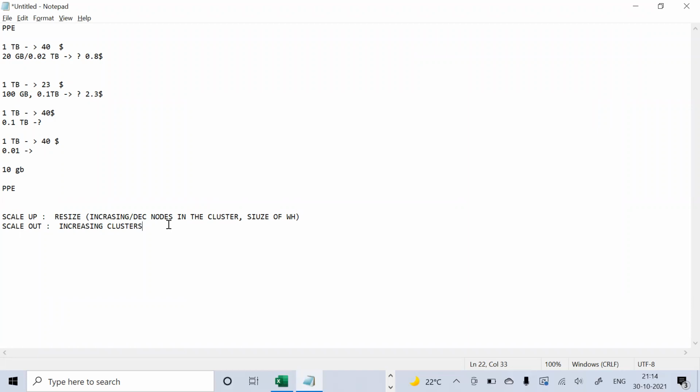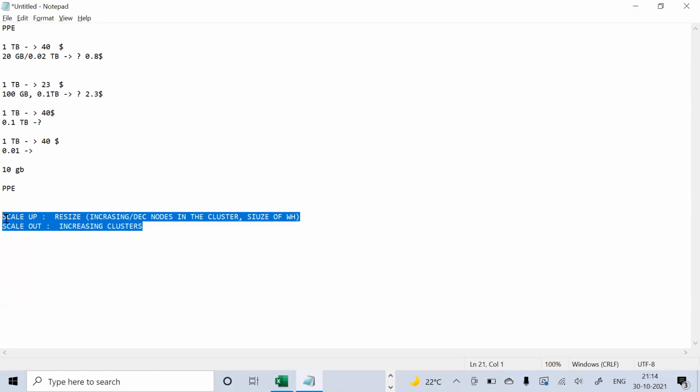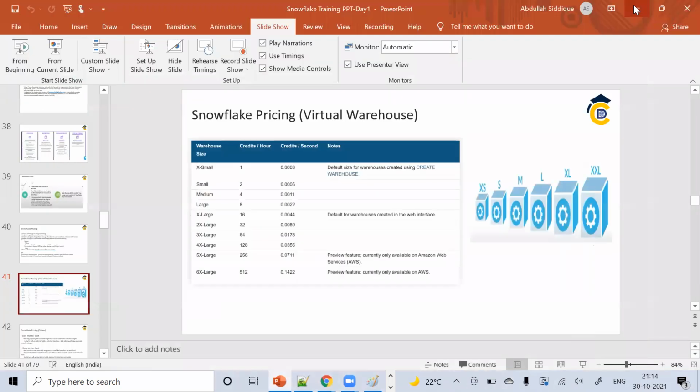Actually, there's one more batch going on, right? So there I was teaching them, and that time I told them this definition, and I vaguely remember that I told something wrong related to this for your batch. So that's why I just wanted to correct it. Okay, so please remember this and apologies for the wrong information.